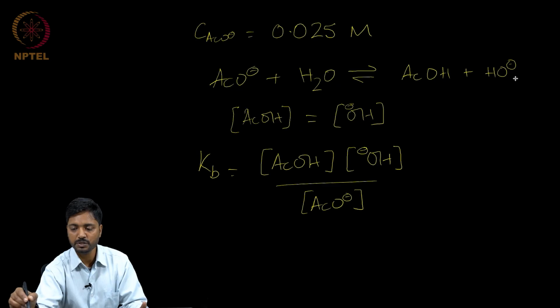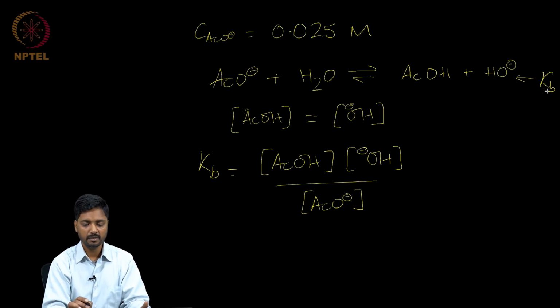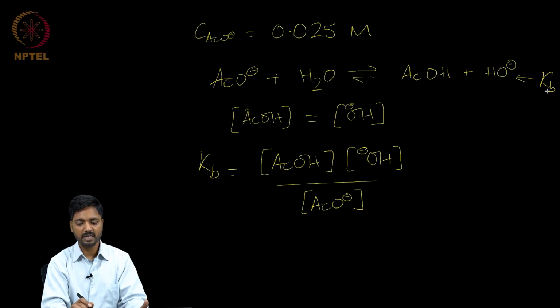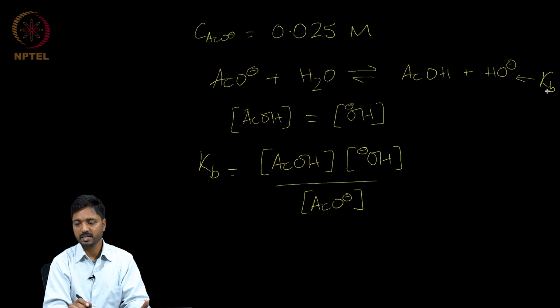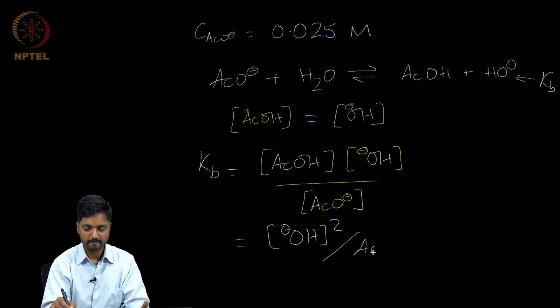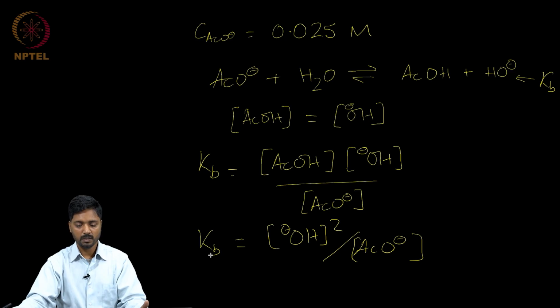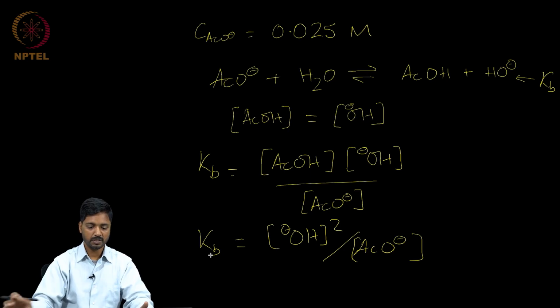So, this equation will give the Kb value for us, and as we have already seen, the acetic acid concentration and the hydroxyl ion concentration are the same. So, we can write this as Kb is equal to hydroxyl ion concentration squared divided by acetate ion concentration.